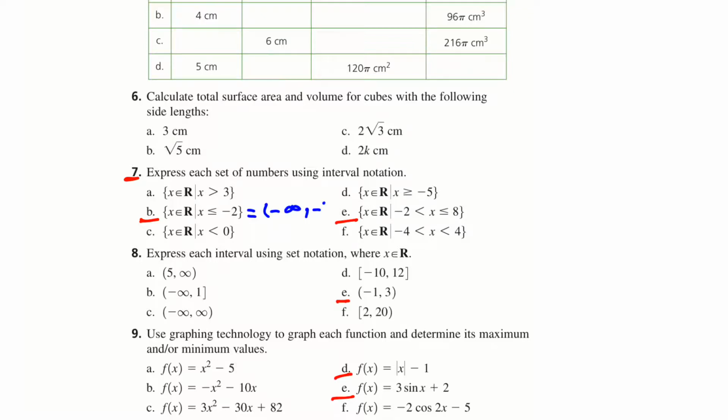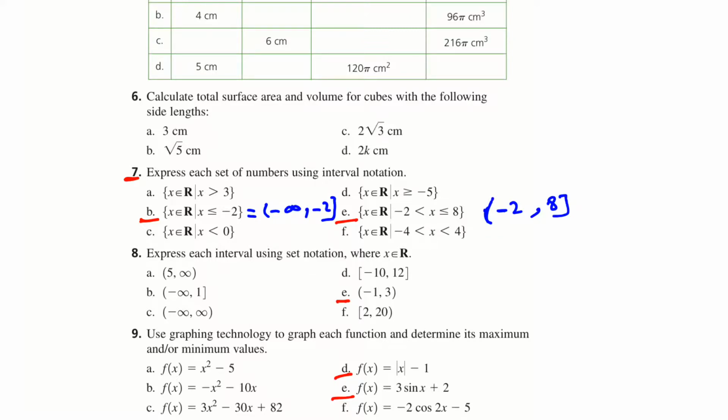From negative infinity to negative 2, negative 2 is included. E, all real numbers greater than negative 2, smaller than or equal to 8. Because it is smaller than or equal to 8, we have a square bracket on the right side and a round bracket on the left side.